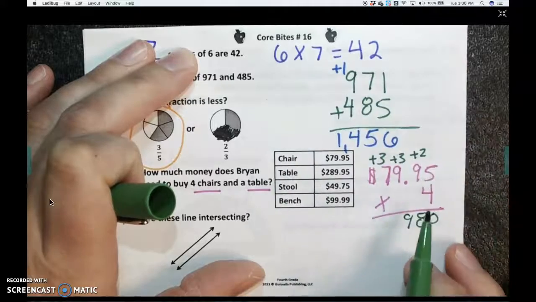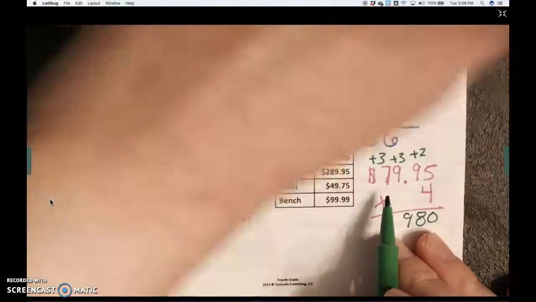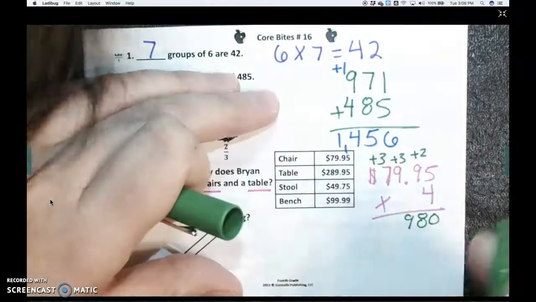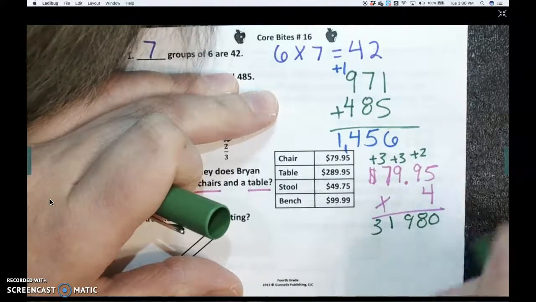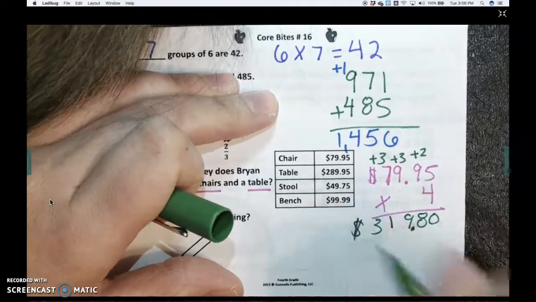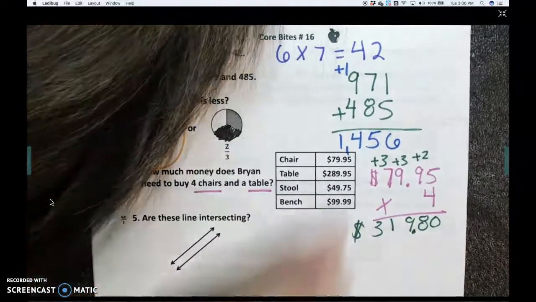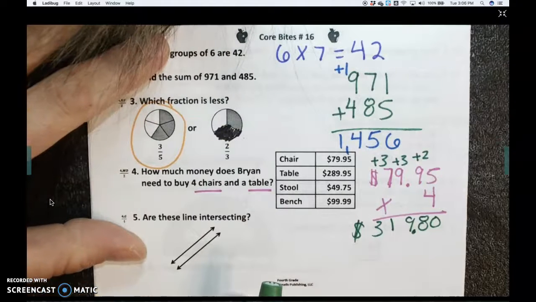Regroup. 4 times 7 is 28 plus 1 plus 3, so that would be 28, 29, 30, 31. So move your decimal over twice. 1, 2, 1, 2. So that'd be 80 cents. So you would have $319 and 80 cents, okay?